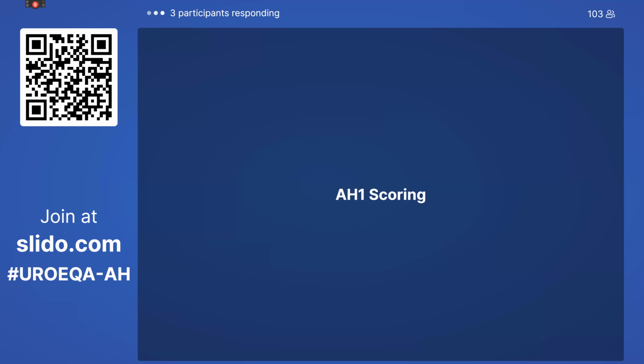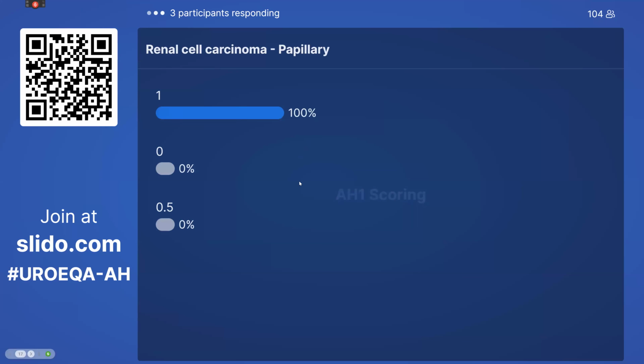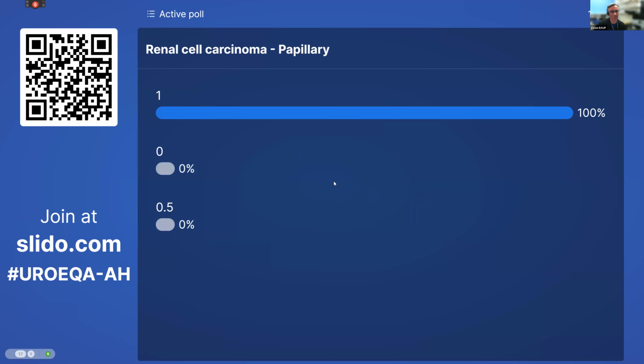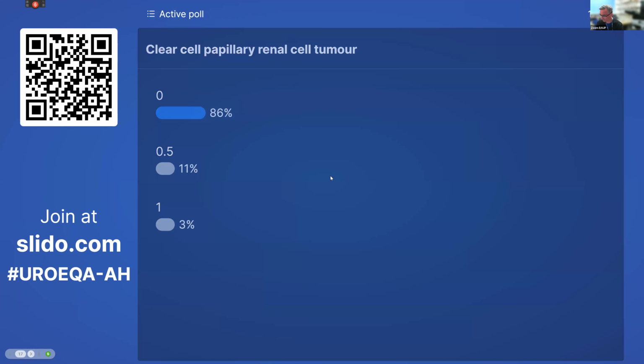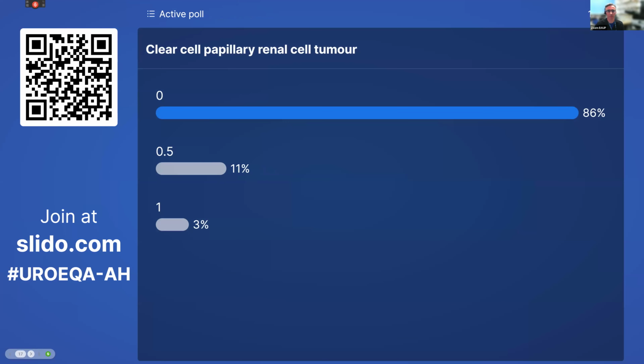Okay, so renal papillary RCC, 1 scores, so that's fair enough. 0 for the thyroid-like follicular, 0 for ESC. Clear cell papillary, 0. Clear cell, 0.